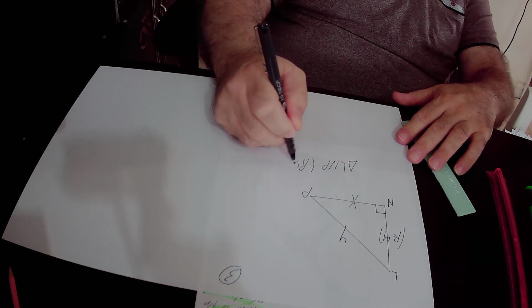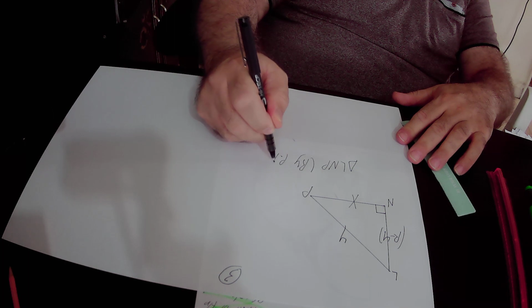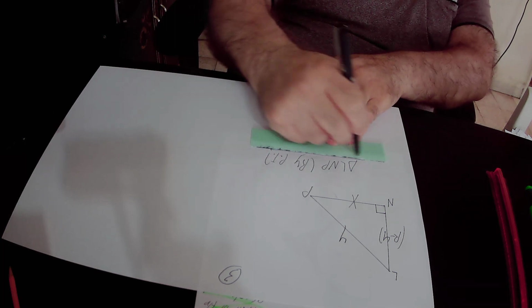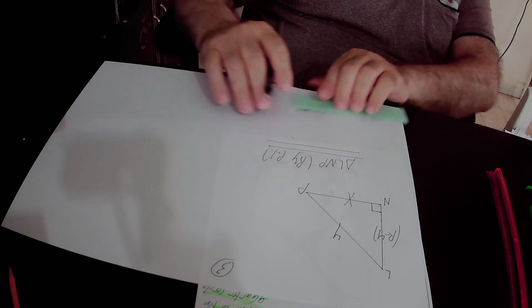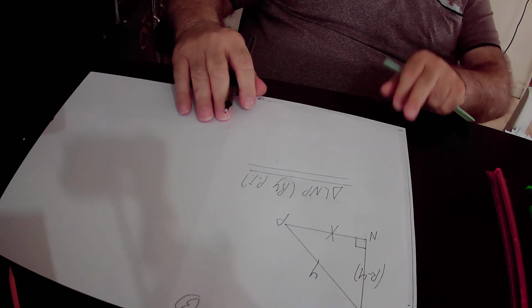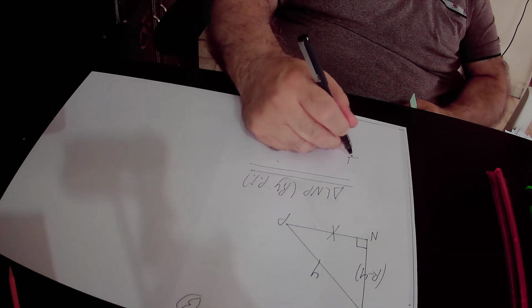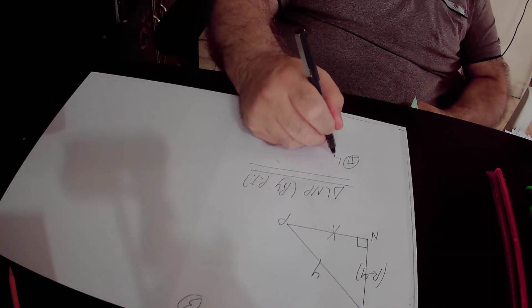Here, PT is a relation for Pythagoras theorem. The square of the hypotenuse equals the sum of the squares of the perpendiculars. The hypotenuse is LP, therefore the square of the hypotenuse is LP square.